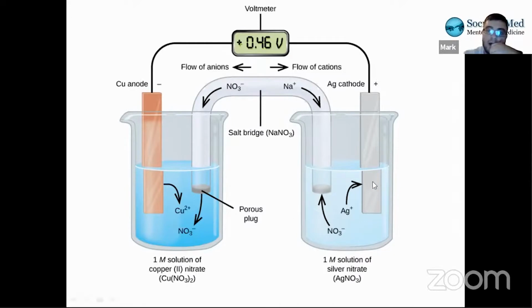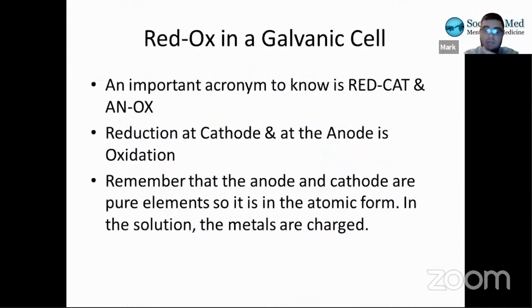On the other side, at the cathode, you're taking this charged Ag and turning it into uncharged Ag in its elemental form. Going from positive to neutral means you're gaining an electron, meaning it's reduction. Reduction at the cathode, oxidation at the anode. Can't stress that enough. That'll help you with a lot of questions regarding galvanic cells.